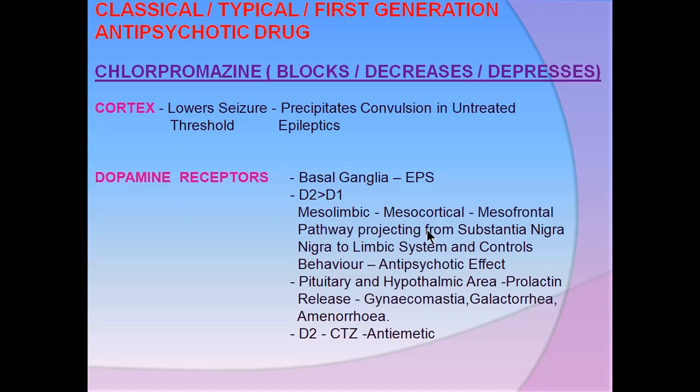It also inhibits release of LH and FSH, and due to this amenorrhea is produced. It inhibits D2 receptors present in the CTZ, and due to this antiemetic effect is produced.